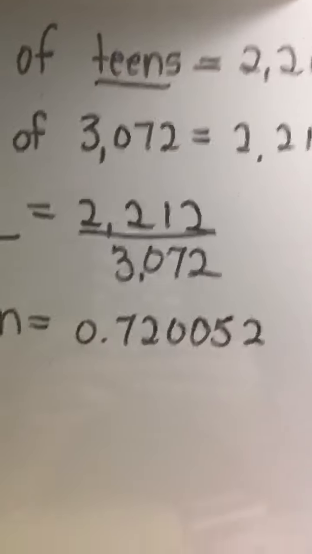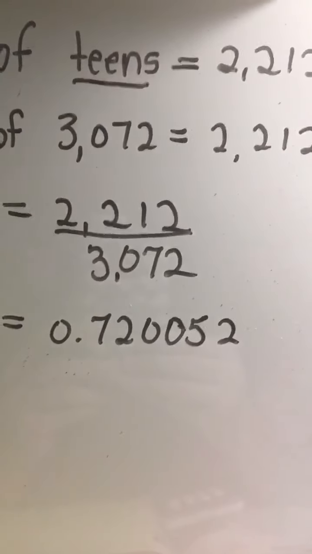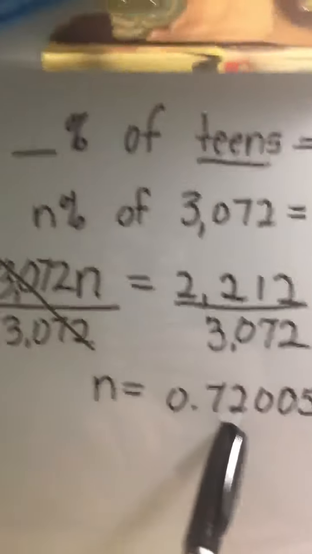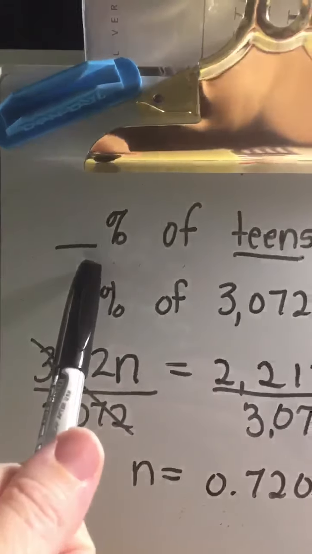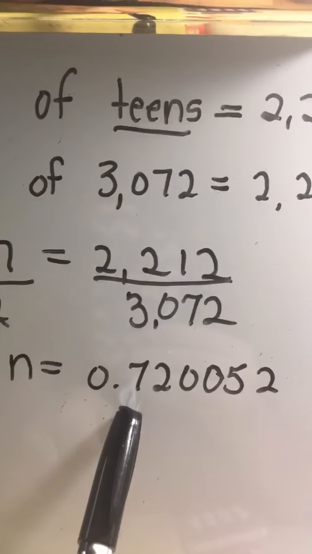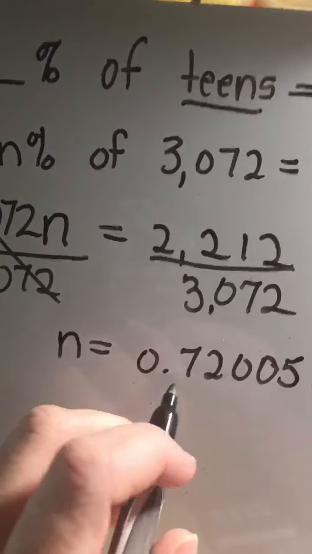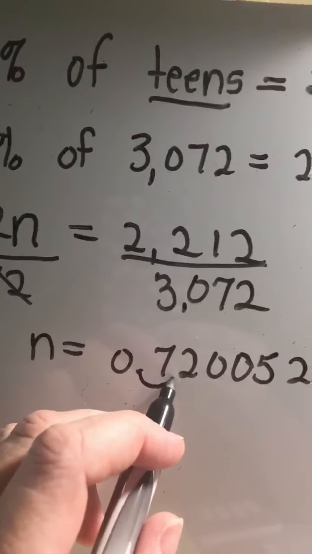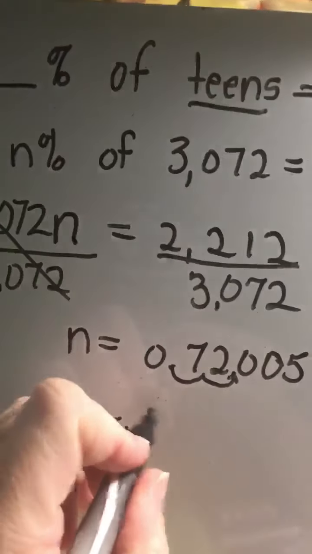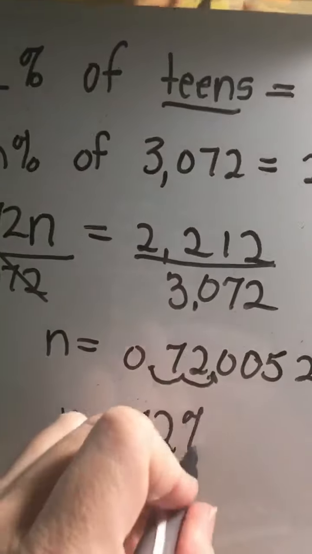Now the question was, we found the answer. What does n equal? It equals this. But the question was what percent? So we need to change this decimal into a percent. That's easily done by just moving the decimal point 2 places to the right. So n equals 72%.